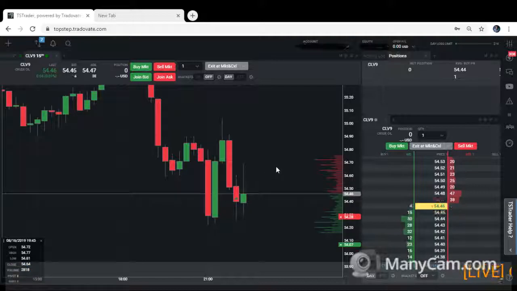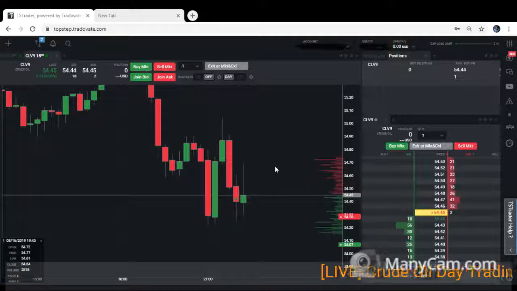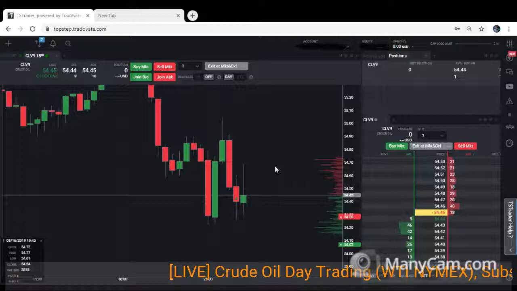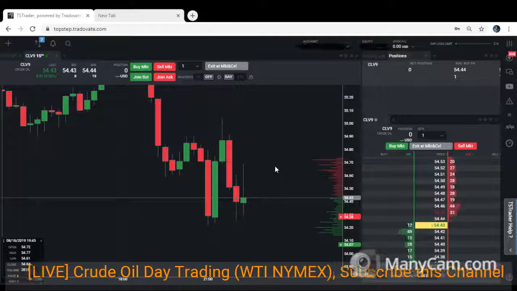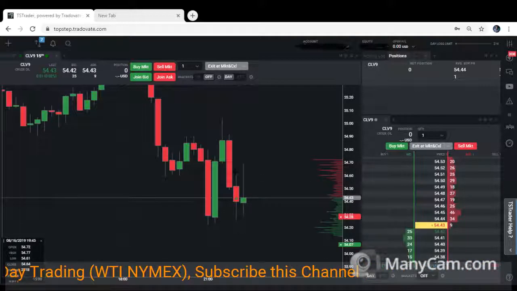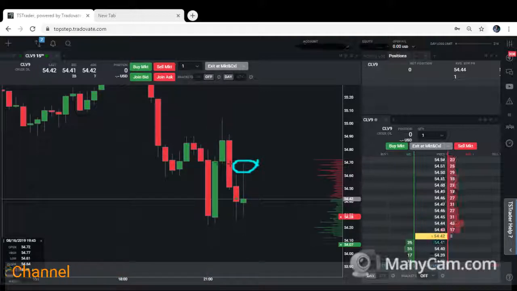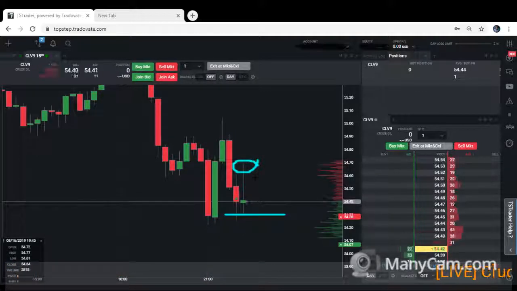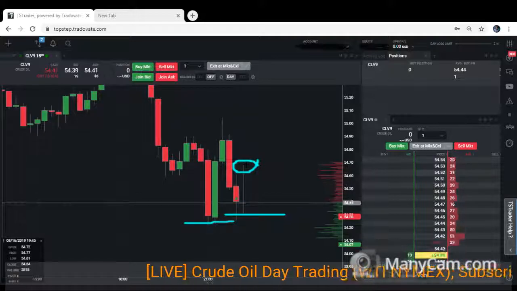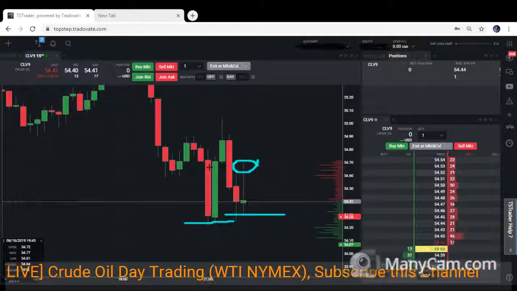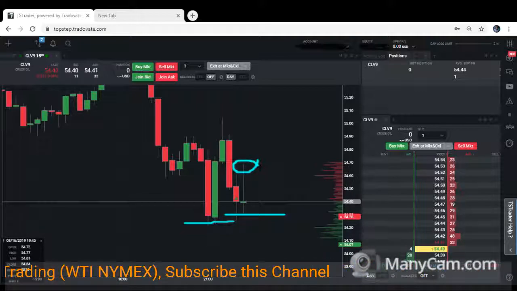I add one more position here at 54.38. This is a second lot position. The market did spike just now. I'm still waiting here. First breakout. This is the second breakout. I'm taking the first breakout to go into the market, because the second one is normally slippage.